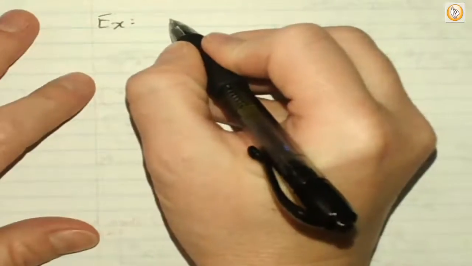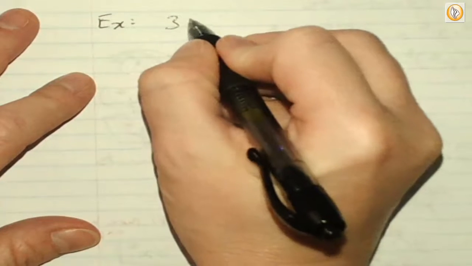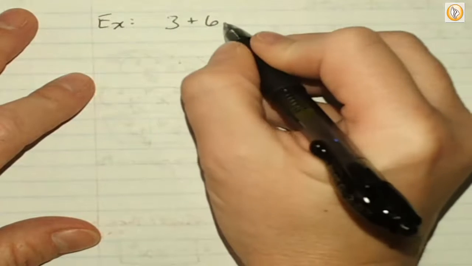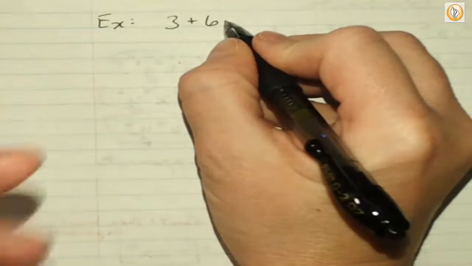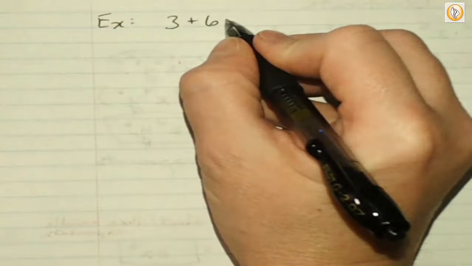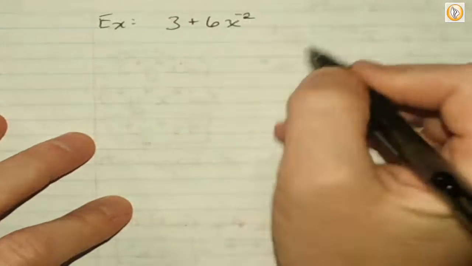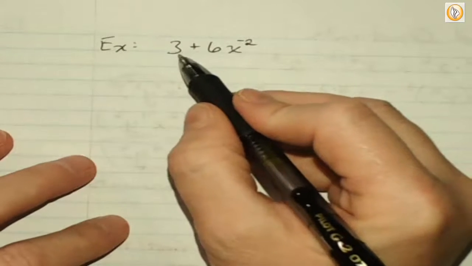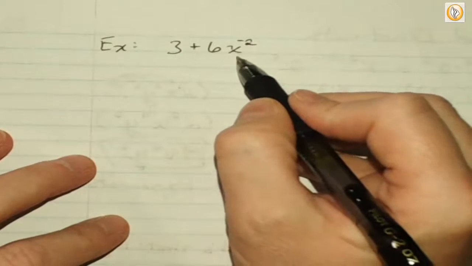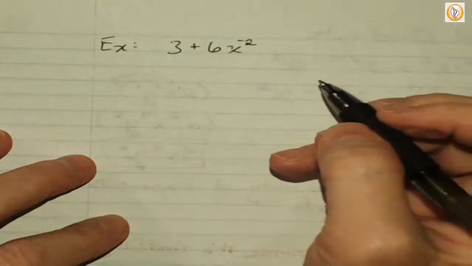So you said if it was 3 plus 6x to the negative 2? Okay, so he said what if it was 3 plus 6x to the negative 2?